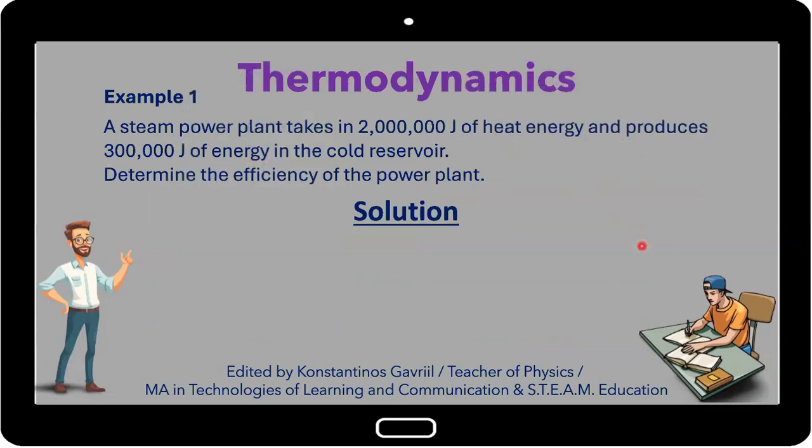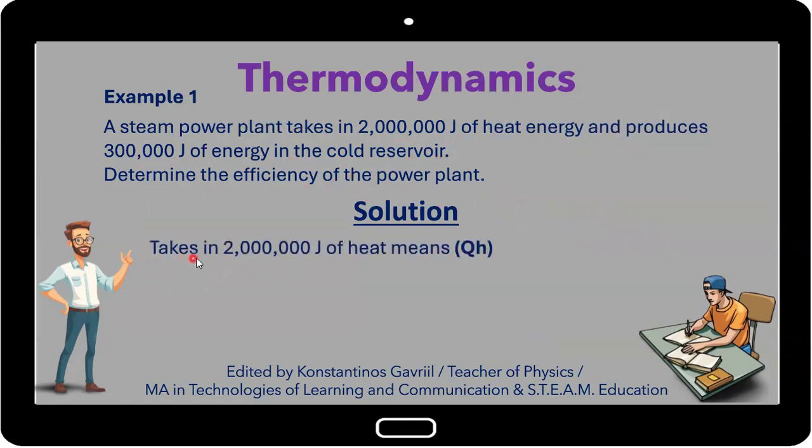Let's see a couple of examples. A steam power plant takes in 2 million joules of heat energy and produces 300,000 joules of energy in the cold reservoir. This is the outgoing energy to the environment, because we use the expression cold reservoir. Determine the efficiency of the power plant.